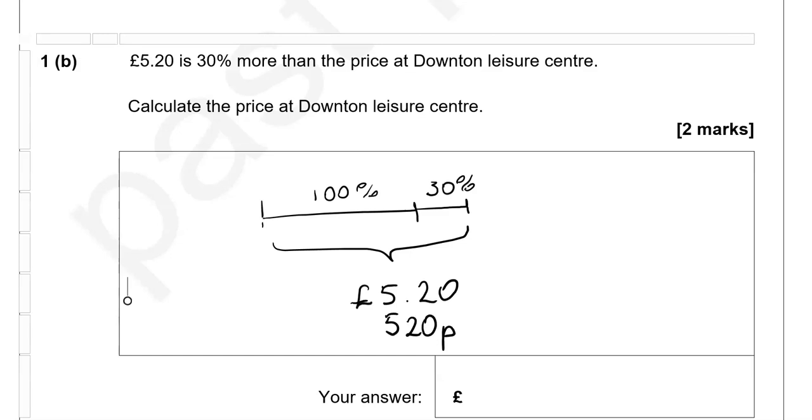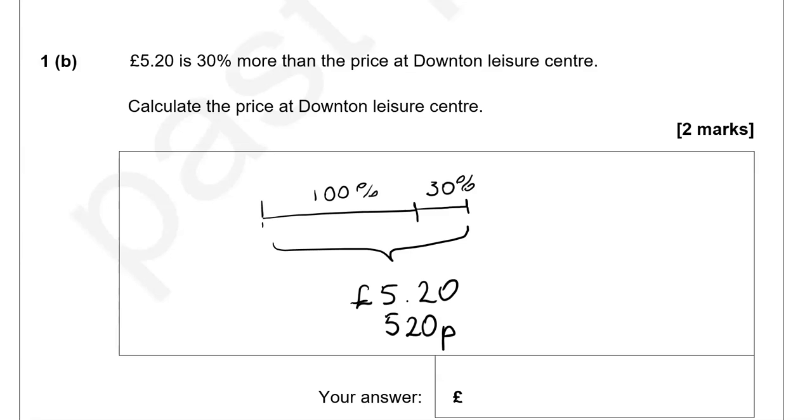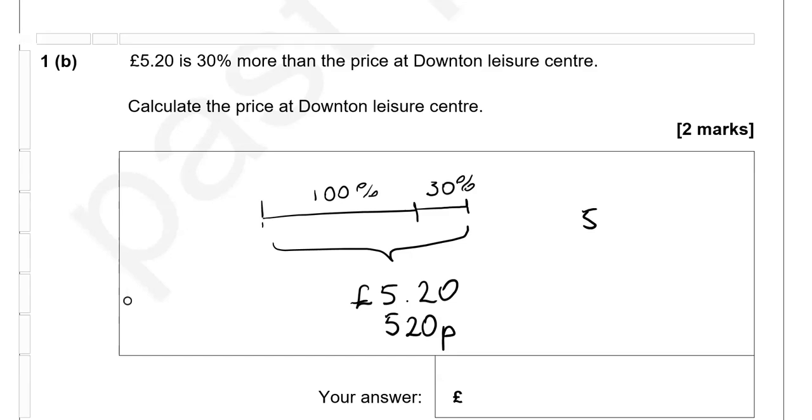So to get the 100% amount, what we're going to do is divide the 520 by 130 so that we can get 1%, and then multiply by 100. So 520 divided by 130. How many 130s would fit into 520?